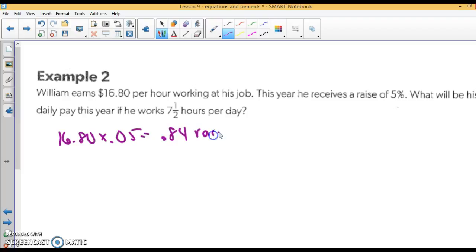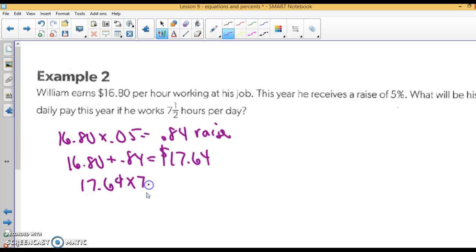That's his raise. 16.80 plus 84 cents is 17.64. So that's his pay per hour with the raise, and he's working 7.5 hours a day. And you get 132.30. That's one way to do it. Find the increase and then add it.